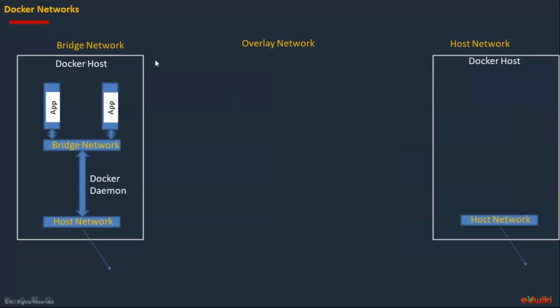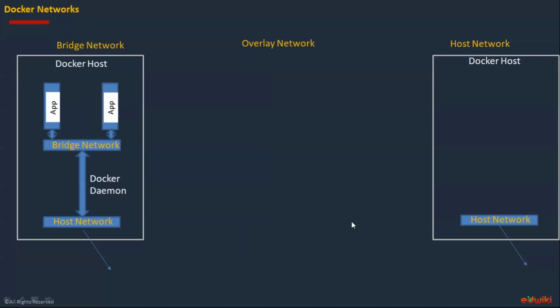But how is the name resolution happening automatically? That's what I'm going to explain. Docker maintains an internal DNS system, which stores the IP and the name of the container as a resolution entity within Docker, and it takes care of the DNS internally. We will not be doing anything manually to make that happen.